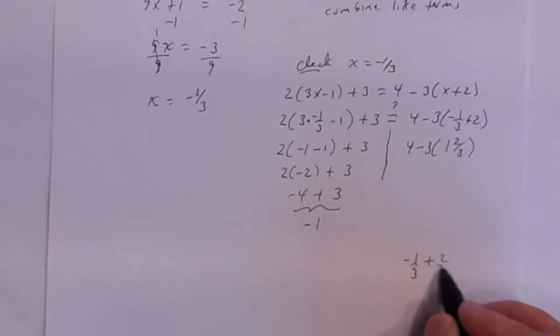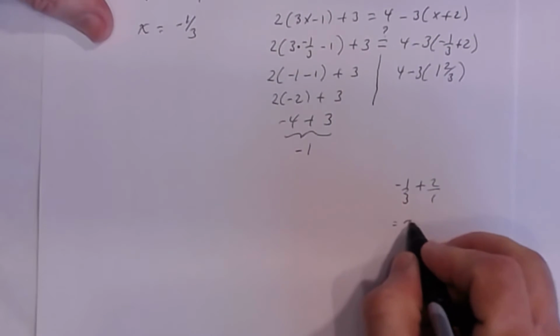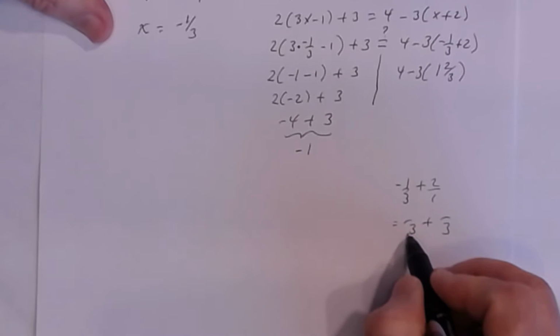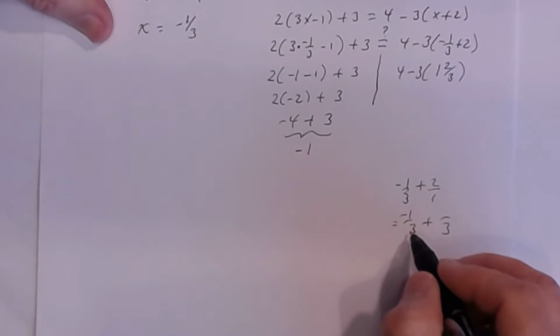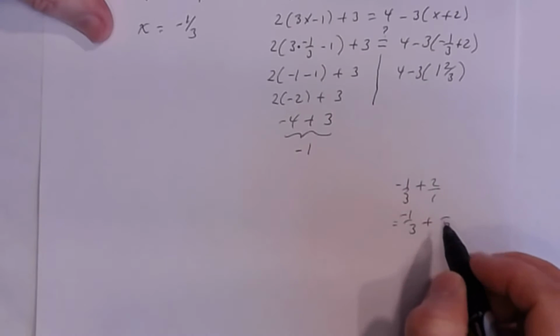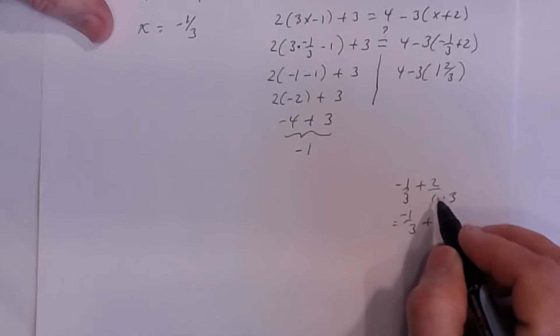The other way is to find the LCD. So the LCD is 3. Okay, the LCD is 3. So since these denominators are the same, the numerators have to be the same. So negative 1/3 is equivalent to negative 1/3. Now over here, this is the 2. I want this to be a 3 in the denominator. So I got to multiply this by 3.